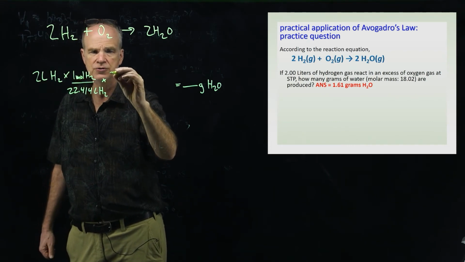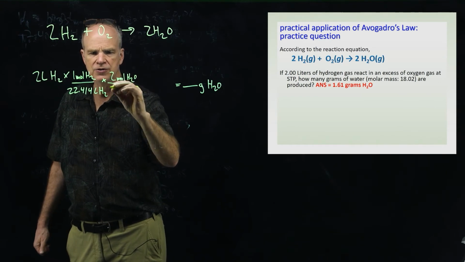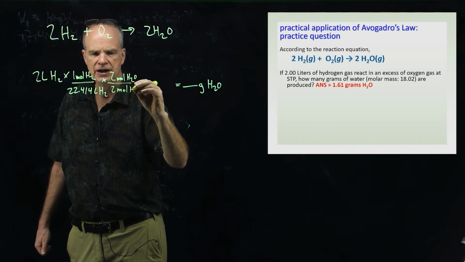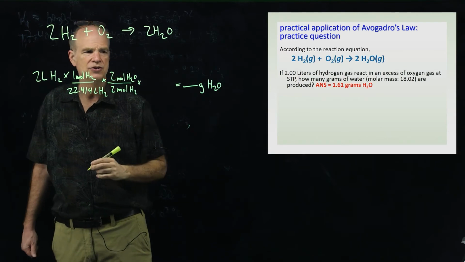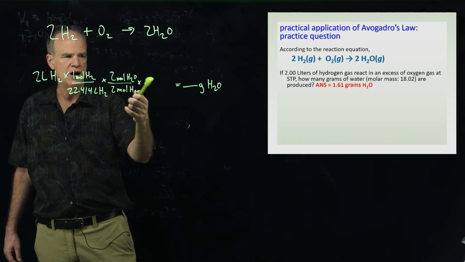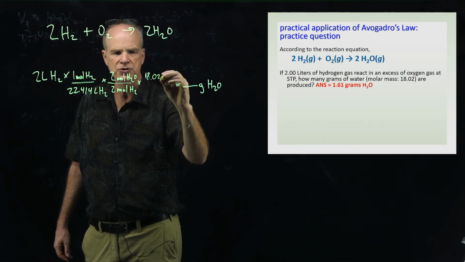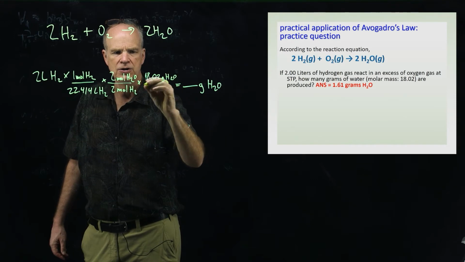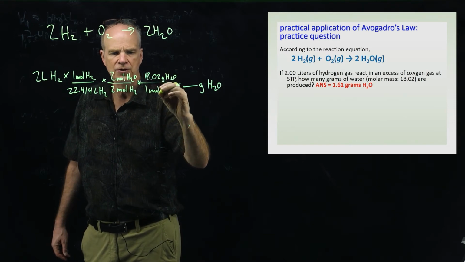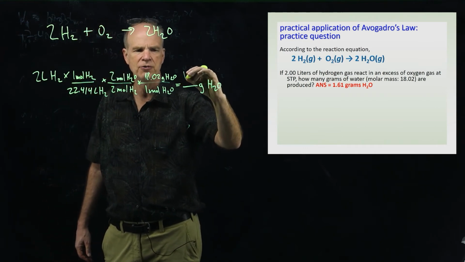So it's going to be 2 moles of water over 2 moles of hydrogen. The final step is to convert from moles of water to grams of water using the molar mass. So it'd be times 18.02 grams of water over 1 mole of water. If you work this out, you would get the answer 1.61 grams.